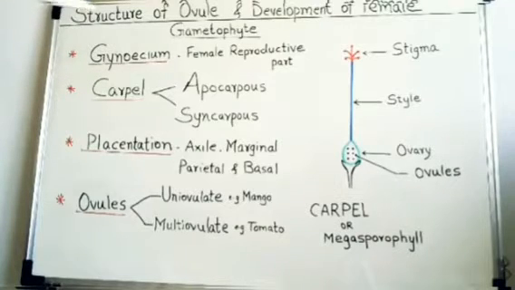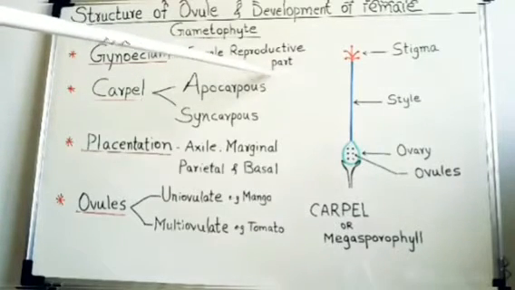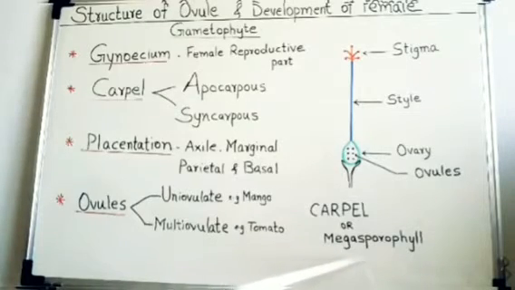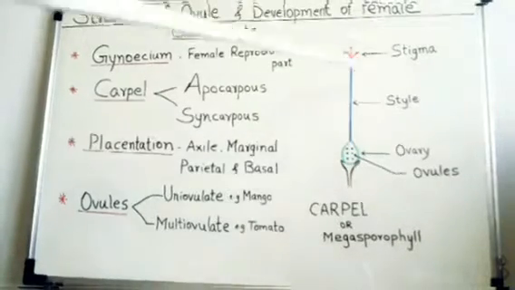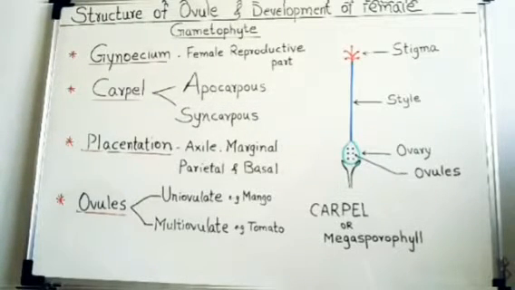As androecium is the male reproductive part, similarly the gynoecium is the female reproductive part of the flower. And each member of gynoecium is called a carpel or a megasporophyll. This is the diagram of a single carpel which shows three parts, that is stigma, style and ovary.